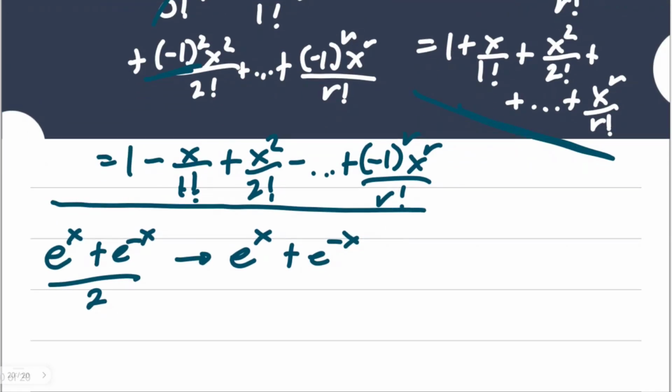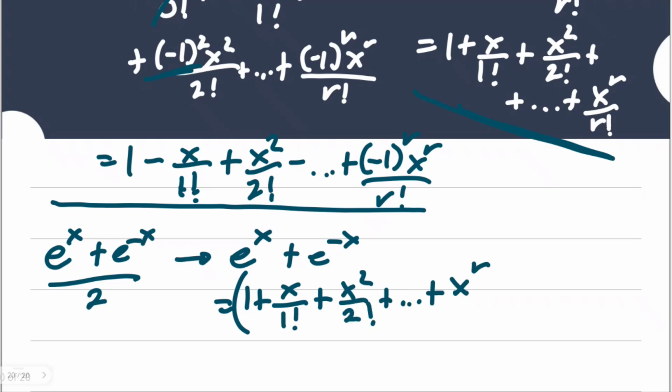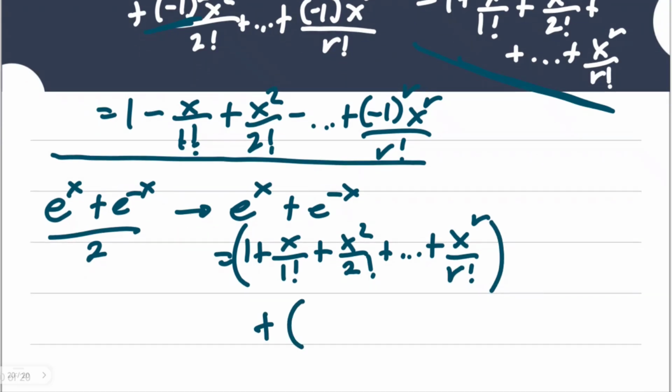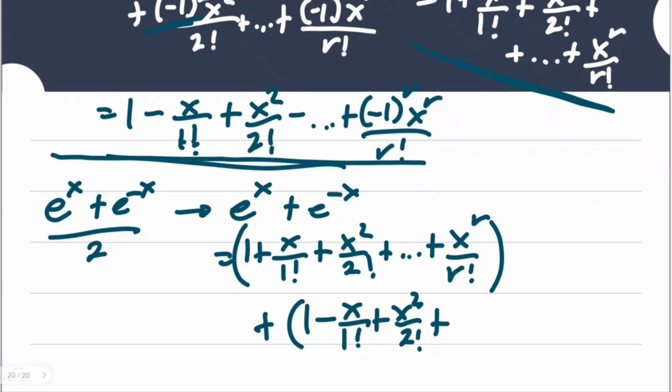So you have here 1 plus x over 1 factorial plus x squared over 2 factorial plus until x to the power of r over r factorial, plus this group: 1 minus x over 1 factorial plus x squared over 2 factorial, and if there exists x cubed, it's minus over 3 factorial, so on and so forth until you have plus negative 1 raised to r, x to the power of r over r factorial.